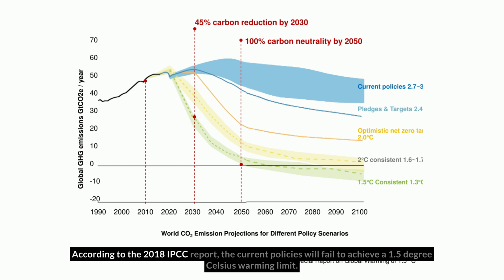Therefore, much more stringent policies are needed to meet this temperature limit. This requires reaching a 45% reduction in emissions by 2030 and 100% carbon neutrality by 2050. All sectors play a crucial role in reducing emissions and saving resources. This graph highlights the importance of legal commitments and stringent policies in driving the adoption of zero buildings.